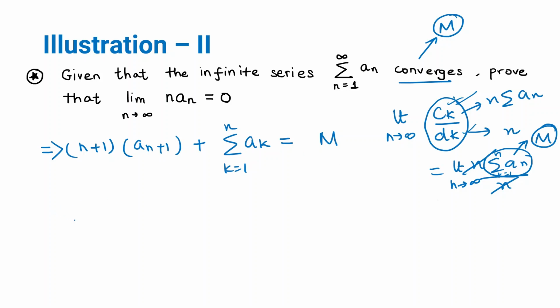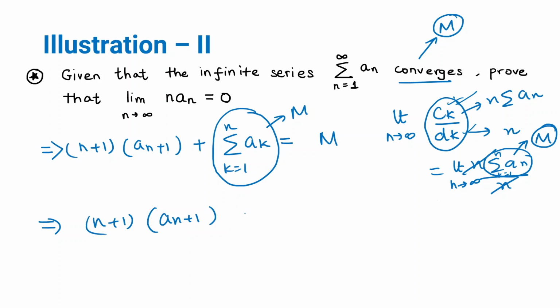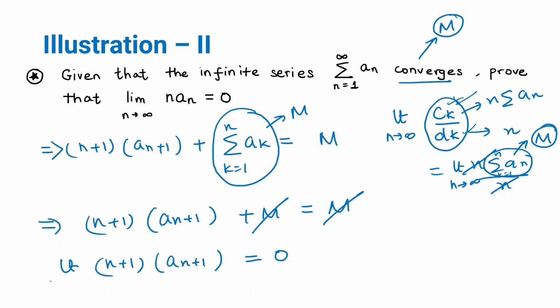Okay, so now also note this, what is this? This is also m. So we have (n+1)a_{n+1} plus m is equal to m, and we get rid of this m, so we get that (n+1)a_{n+1} is equal to 0, as of course the limit as n tends to infinity.